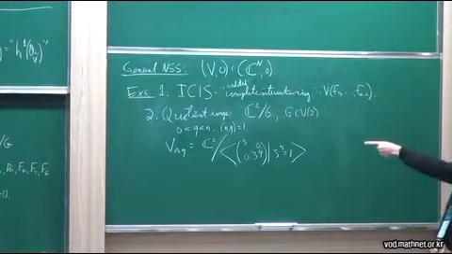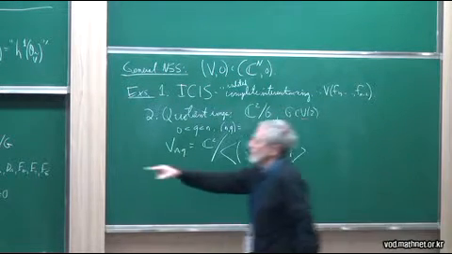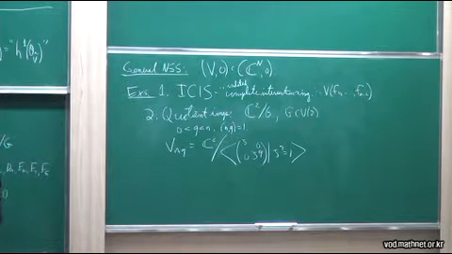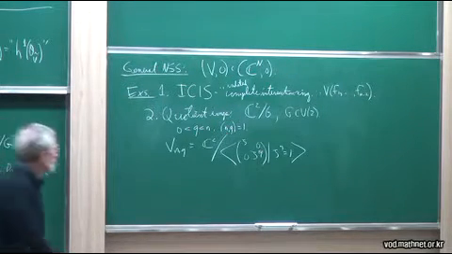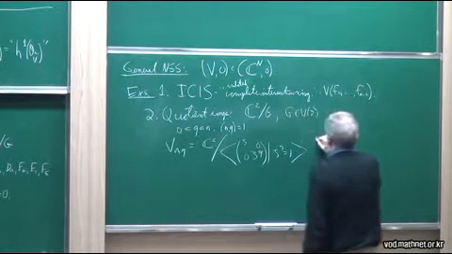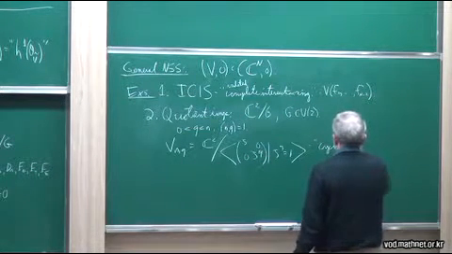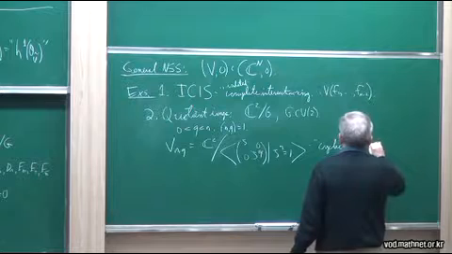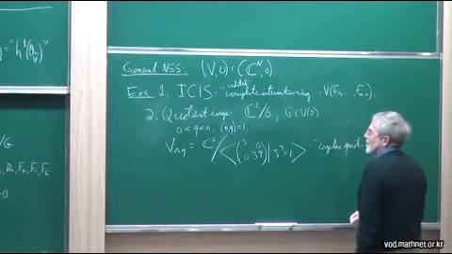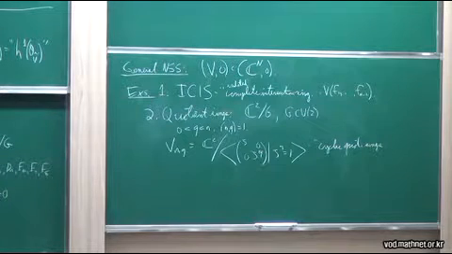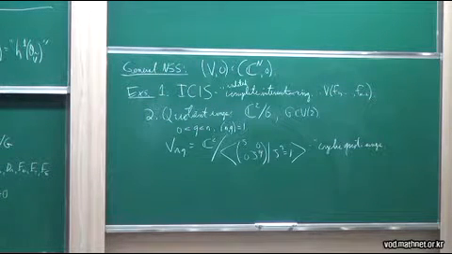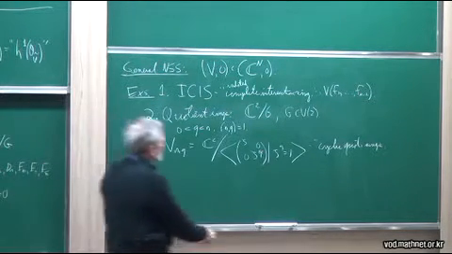So before I did the case q equals n-1. But now I'm going to allow any q. So these are cyclic quotient singularities. So these won't be hypersurfaces anymore, except in this case.